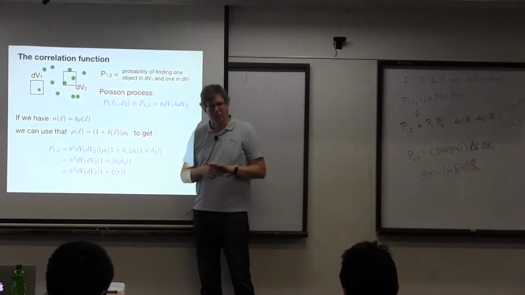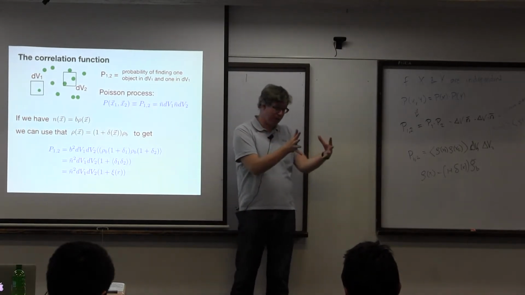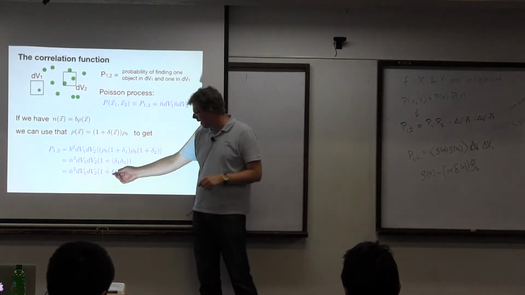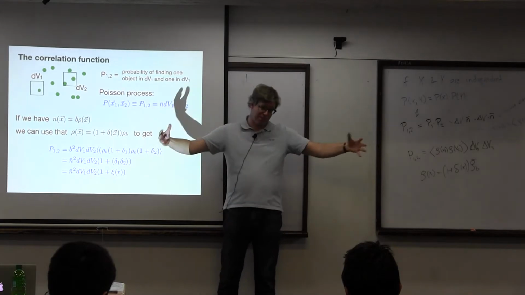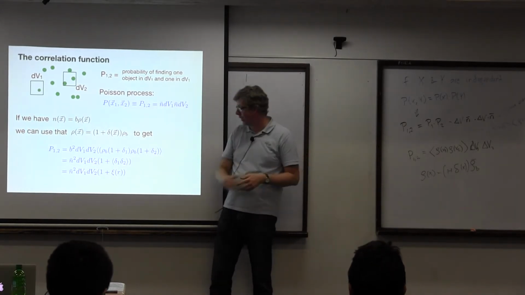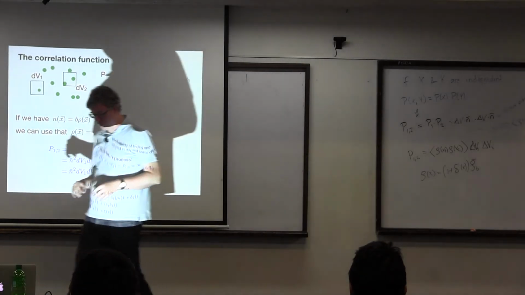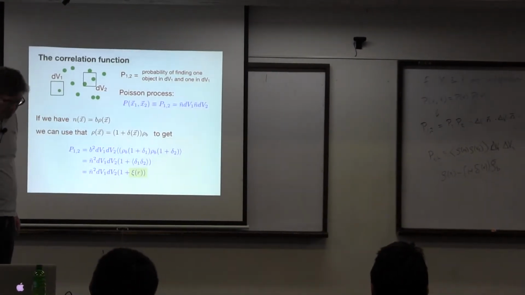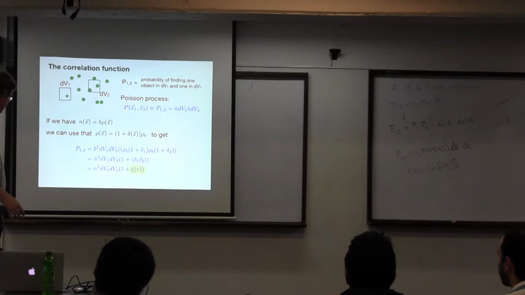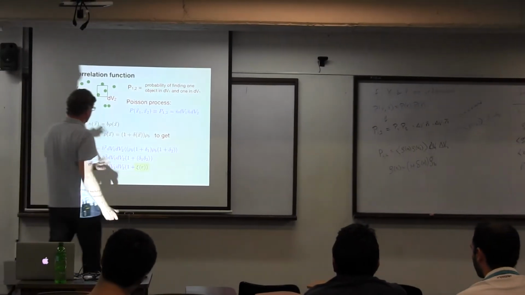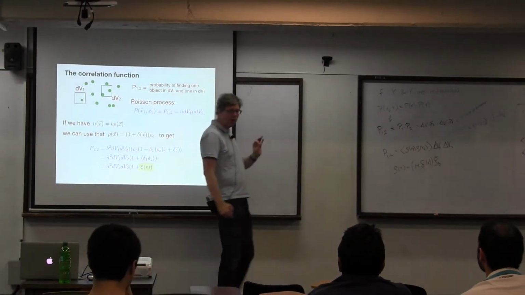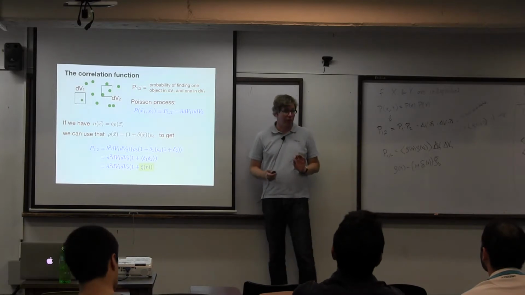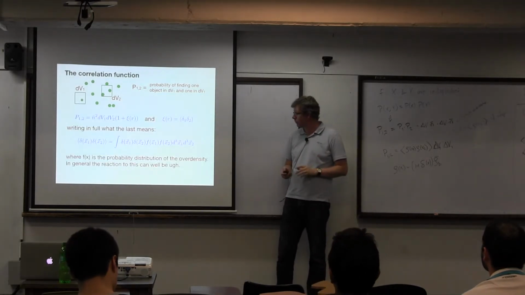When this is positive, it's when people smell good, you're likely to have other people around them. If they smell bad, well, if it's negative, people are likely not to be close to them. Okay? That's what the correlation function measures. So this basically then just tells you how likely there is to have galaxies nearby another galaxy.